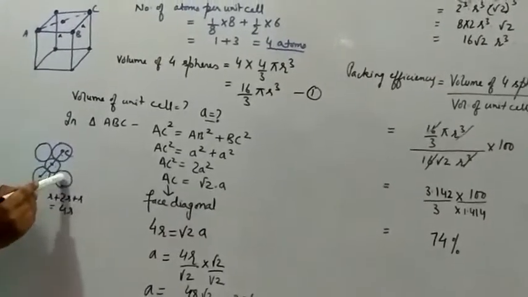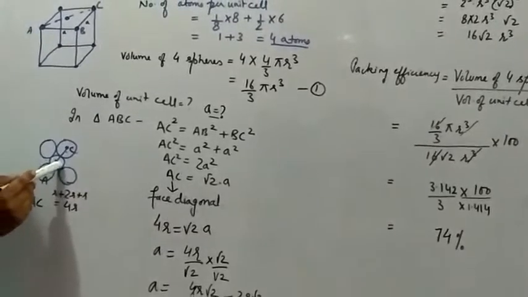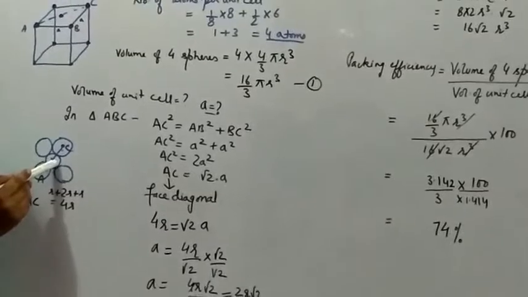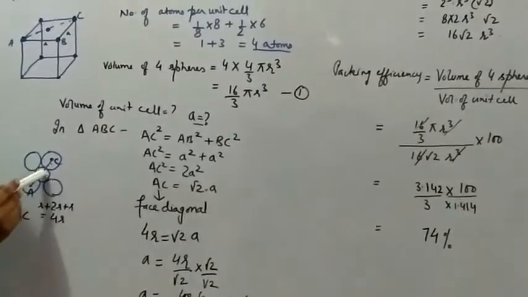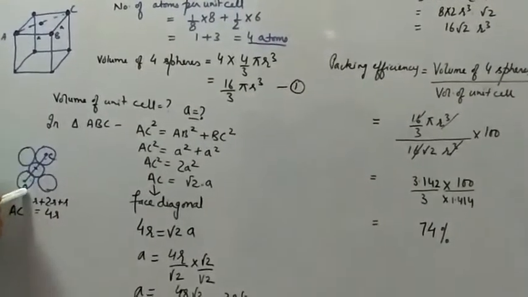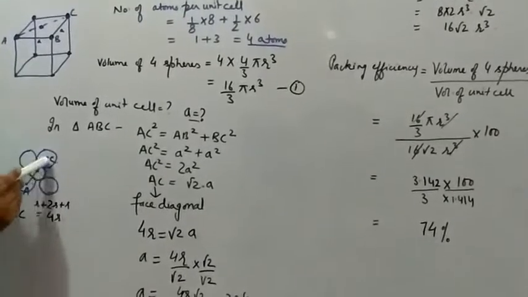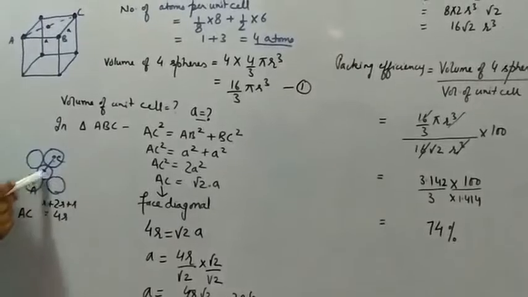They are present at the corners, right? Now this one is the atom or the sphere which is present at the center of the face. You can see here that the 3 spheres along the AC, that is the face diagonal, are touching one another, right? Or you can consider this one also, but since here in the diagram we have taken AC, so this is there.